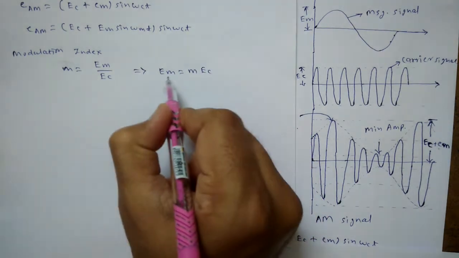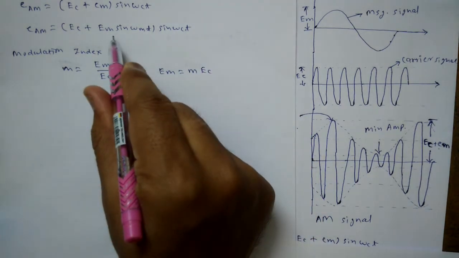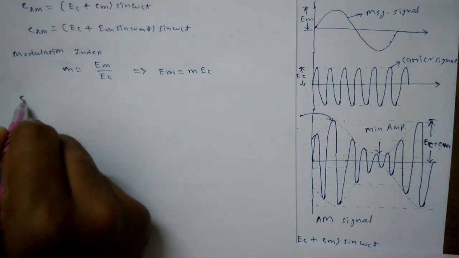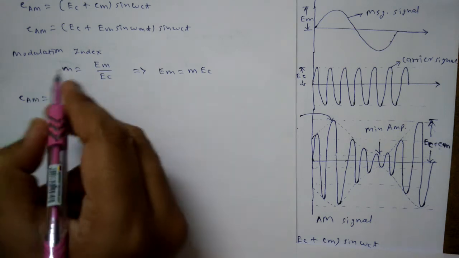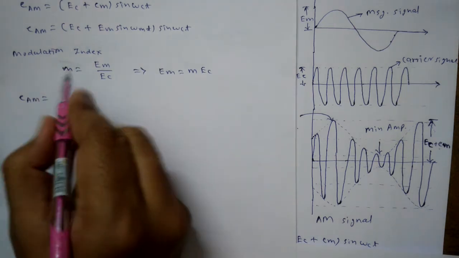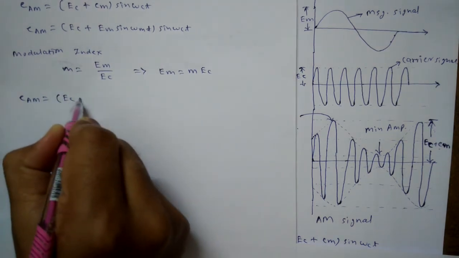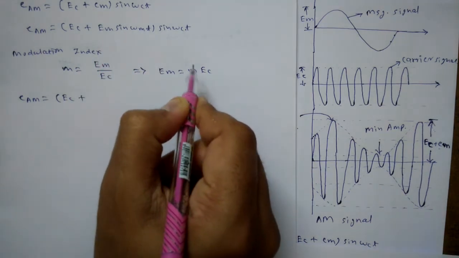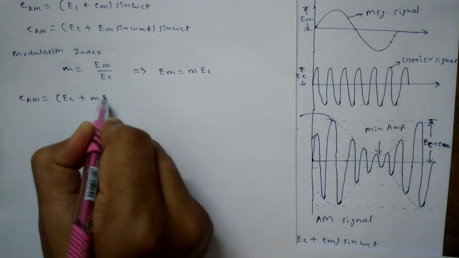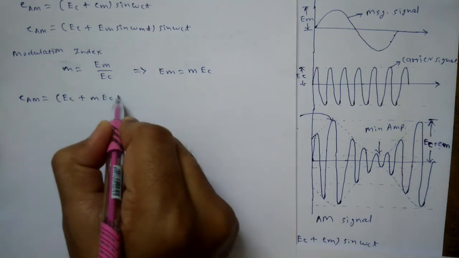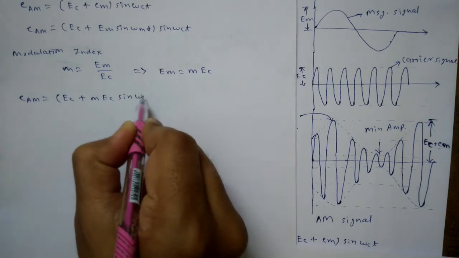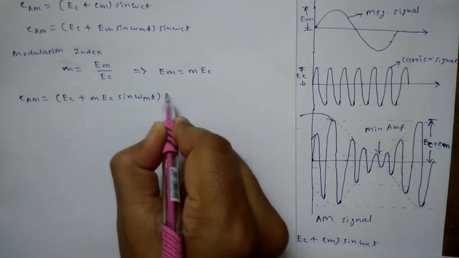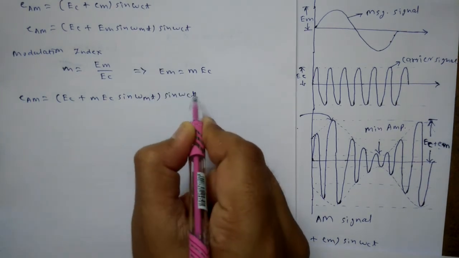So I will put this value of EM here, and that's why I can get the instantaneous value of the modulated signal like, EC plus, now instead of this EM I am writing m into EC. So it is m into EC, then the remaining terms as they are, sine omega m t, bracket complete, sine omega c t.